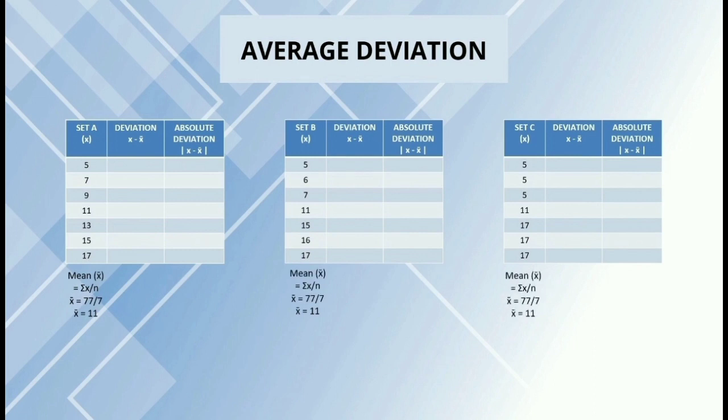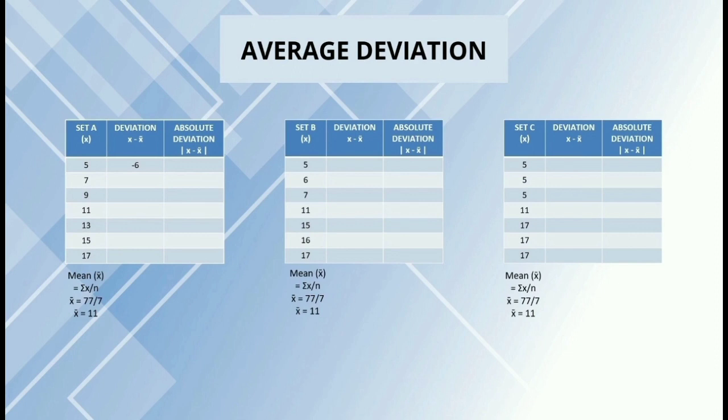Now that the means of each respective data set have been solved, we then proceed to solve for the deviation of each corresponding data. So for set A, we have the first value 5. To recall, the formula for solving the deviation is the specific data value subtracted from the sample mean. So in the case of 5, 5 subtracted by 11 equals its deviation, which is negative 6.